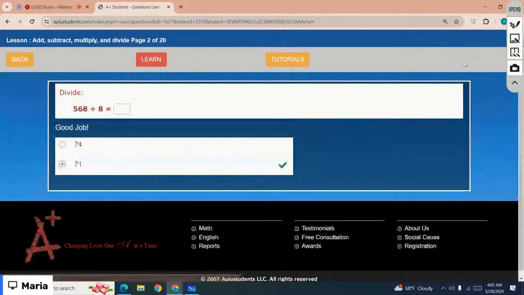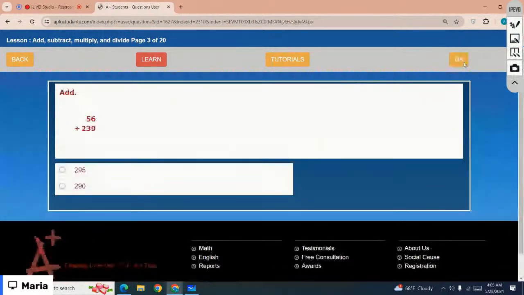Okay, the next one is you have to add 56 plus 239. So which is the correct option? The correct option is 295. Option number one is the correct option.